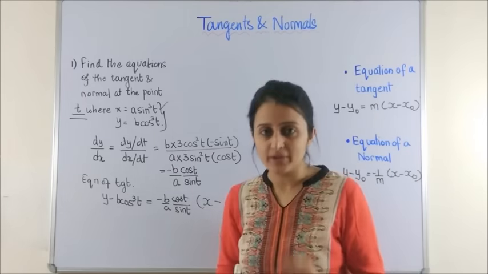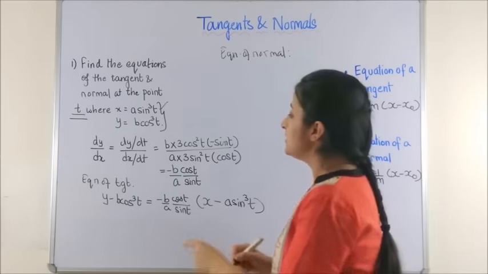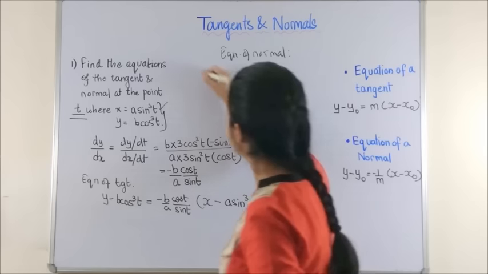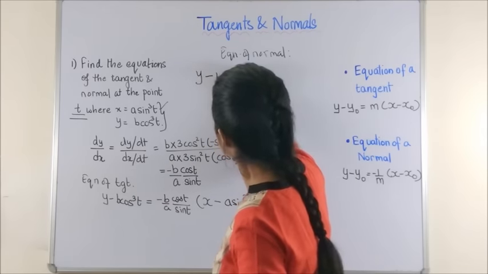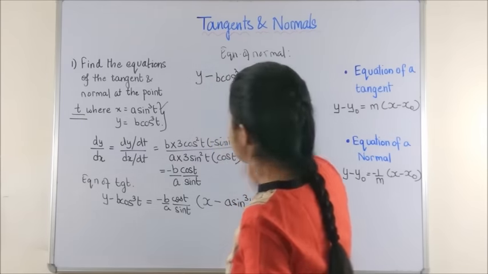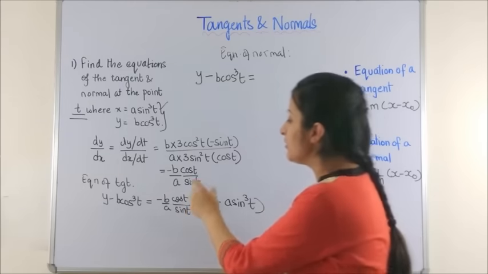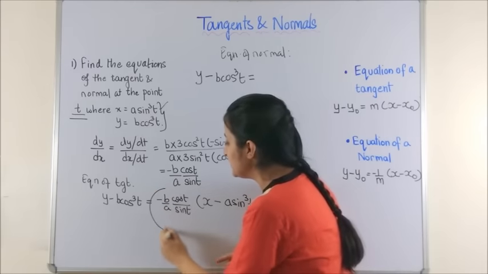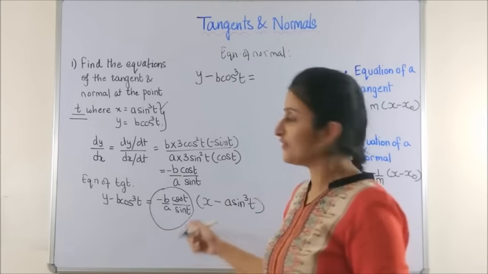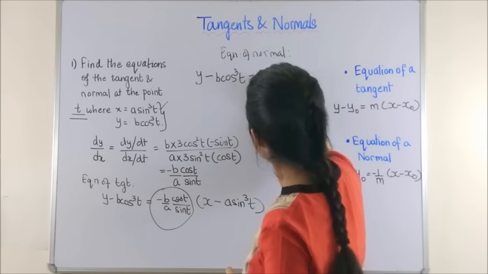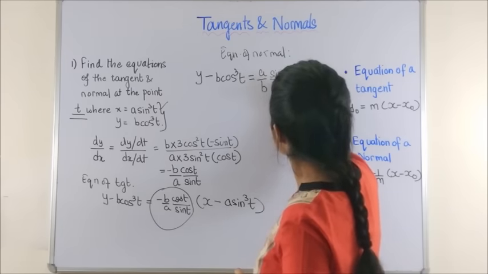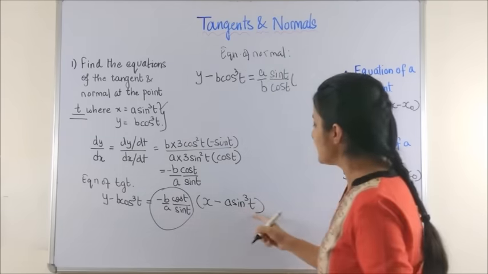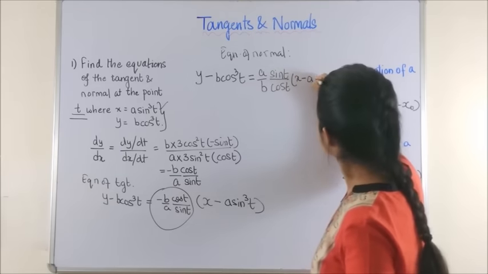Similarly, coming to equation of the normal, your equation of the normal would be y minus once again y naught is equal to, now in order to get the slope, we would take the negative reciprocal for this, which acts as a by b into sin t upon cos t into x minus x naught, which shall be the same.